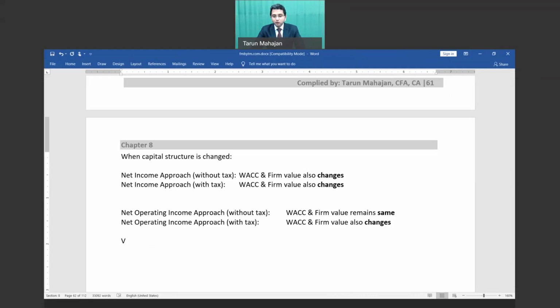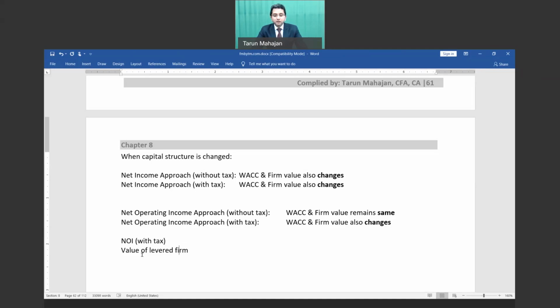VL, that is value of levered firm. So I'm talking about the NOI, net operating income approach with income tax.